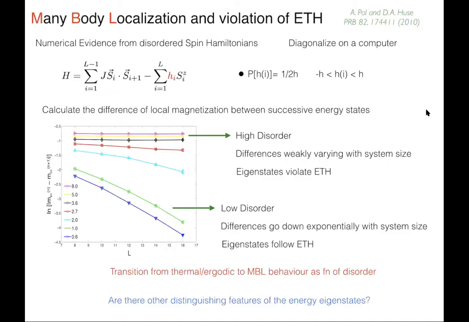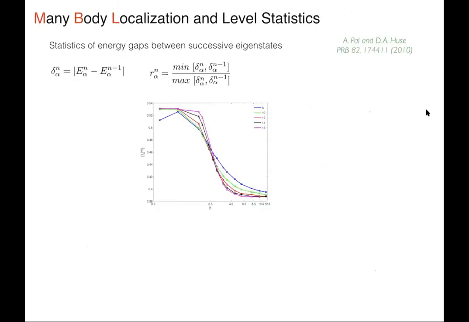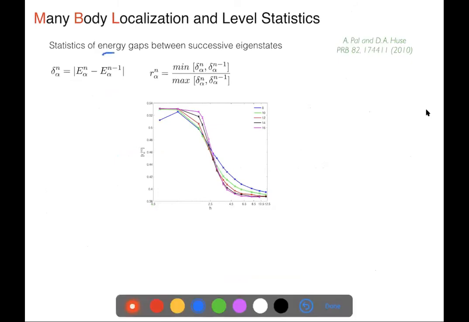So that's the big impact of this paper in 2010. Then people started asking, are there other distinguishing features of the energy eigenstates, and can I see them changing across this transition? This was first, that it didn't follow ETH. So people did many such calculations. For example, here is the statistics of energy gaps.